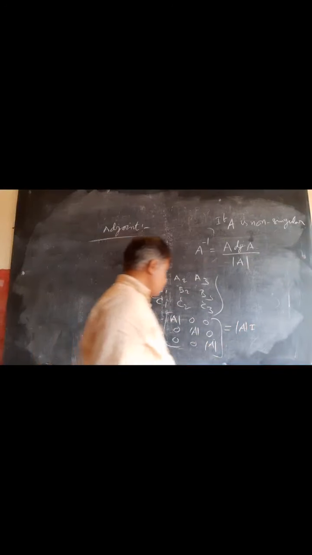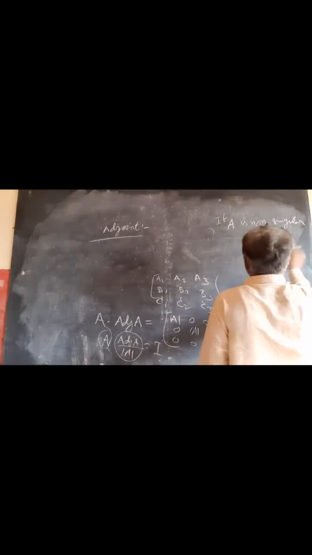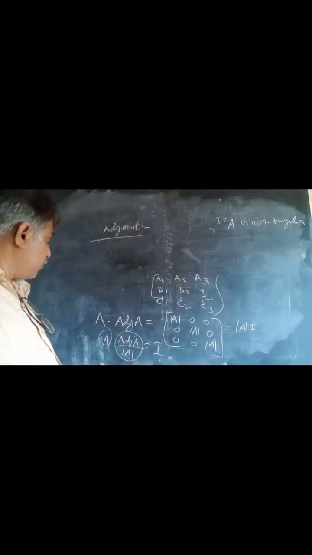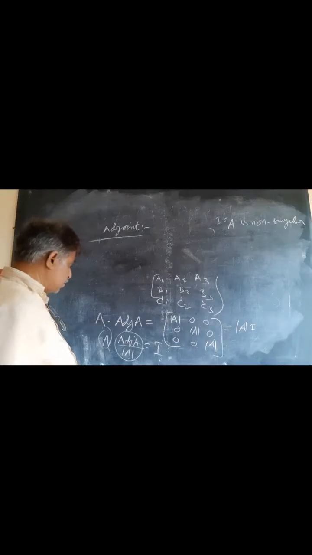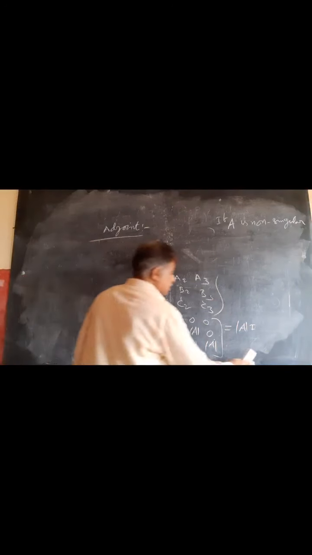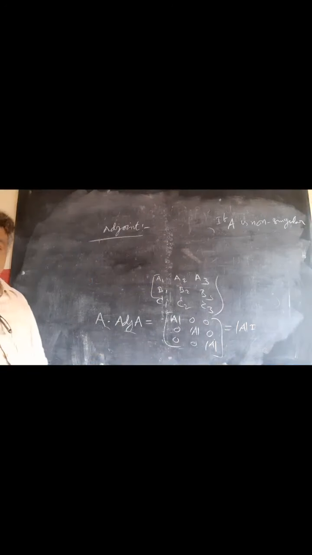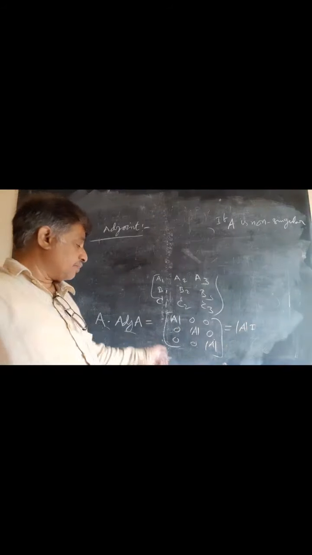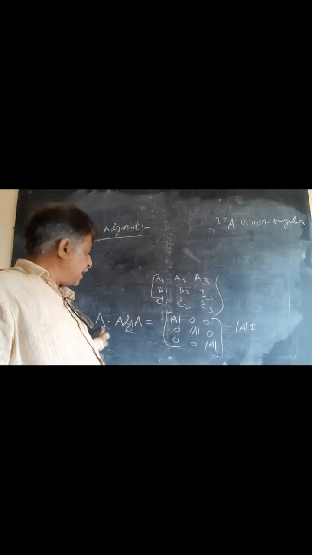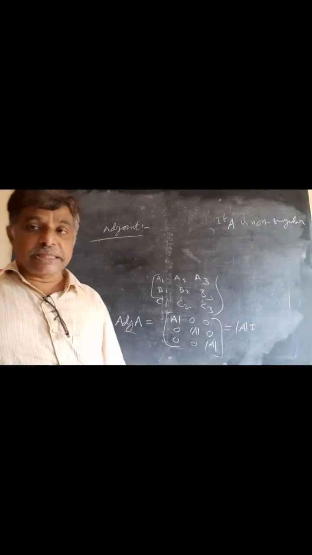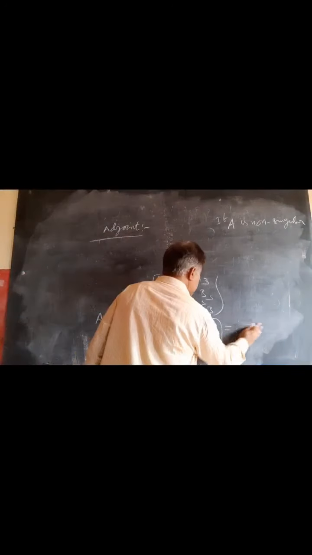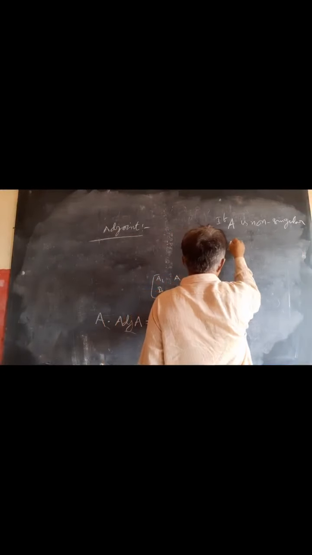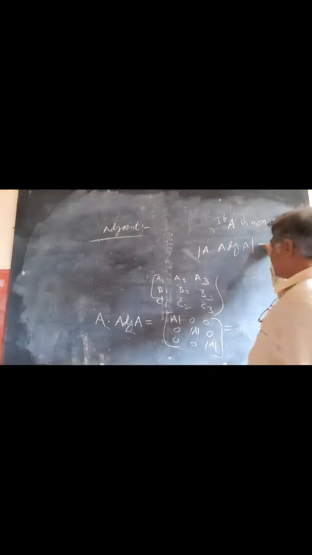Next, now if I want the det of adjoint A, I will apply det on both sides. The det of AB is det A into det B, so if I want det of A into adjoint A, I will get det of this.